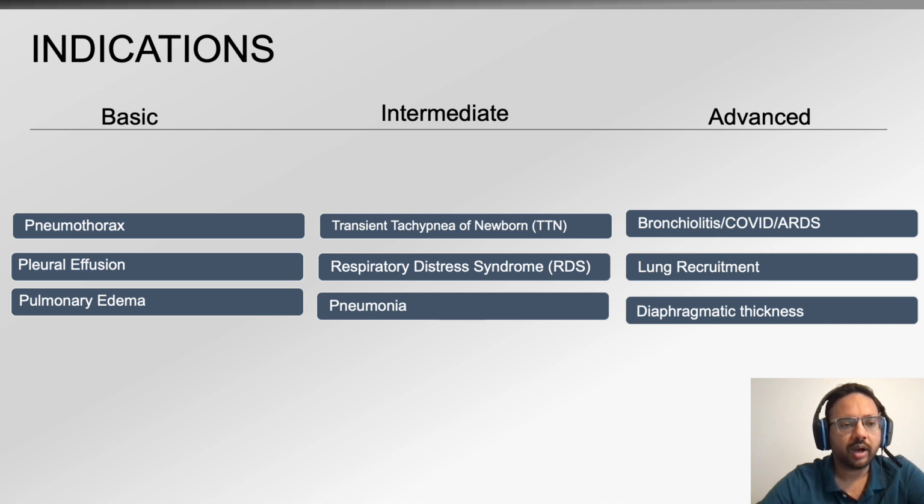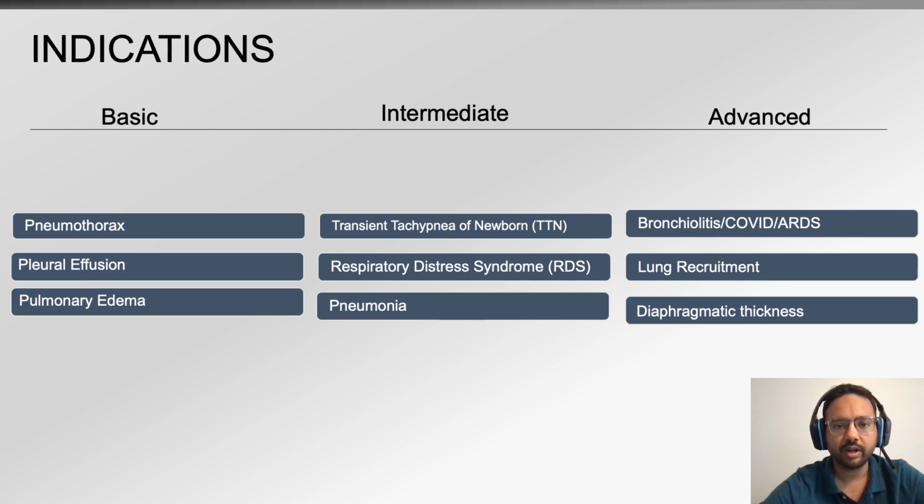So big picture wise, I try to break down the indications of lung ultrasound into three broad categories: basic, intermediate, and advanced. Basic indications are all those things that are quite easy to learn with the ultrasound. The learning curve is pretty rapid, and there is a rich body of evidence that supports the inclusion of this skill for patient care.